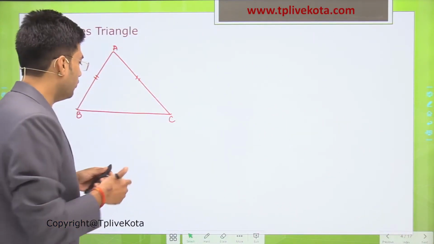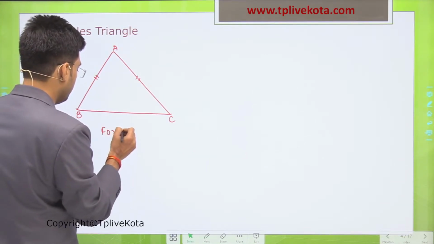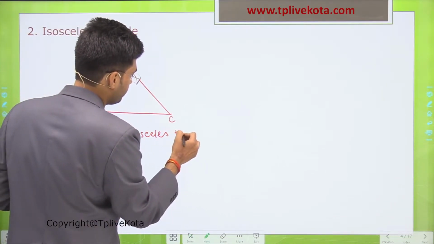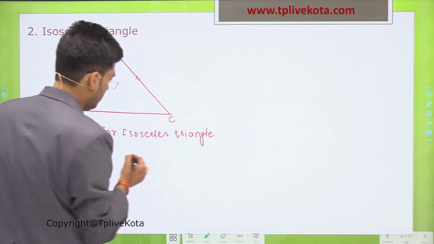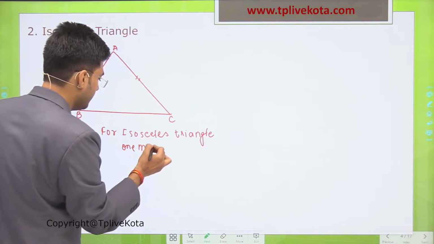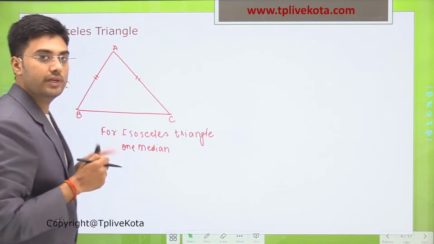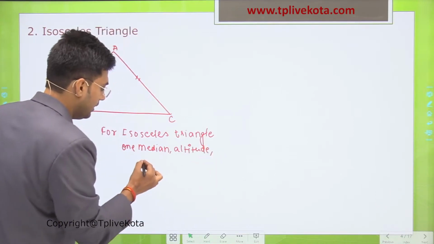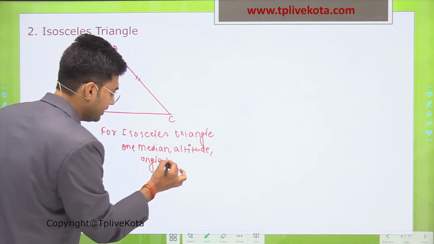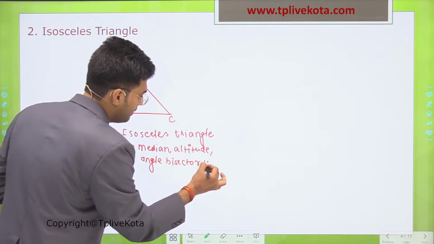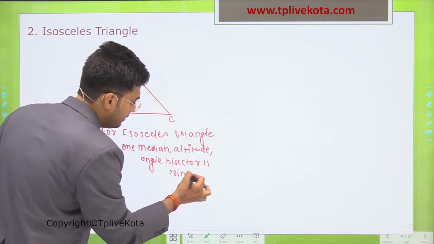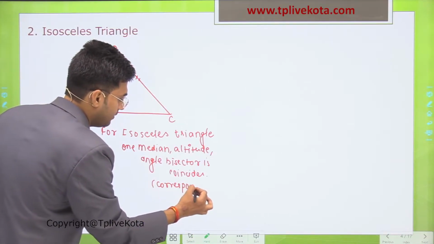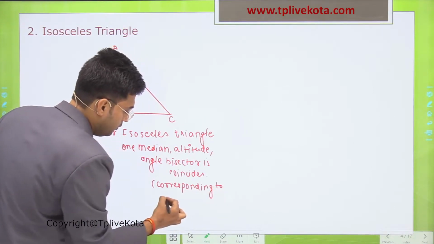Students, we know that for an isosceles triangle, the median corresponding to the two equal sides, the altitude and the angle bisector coincide.